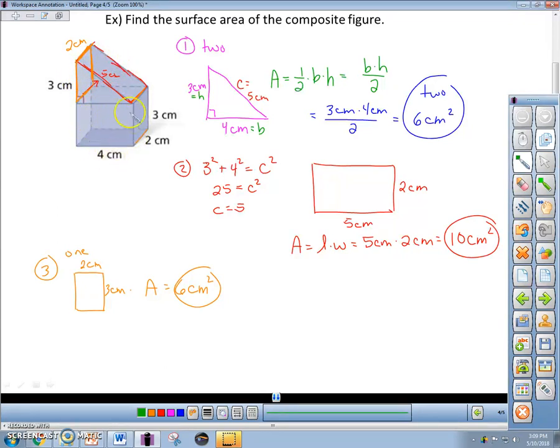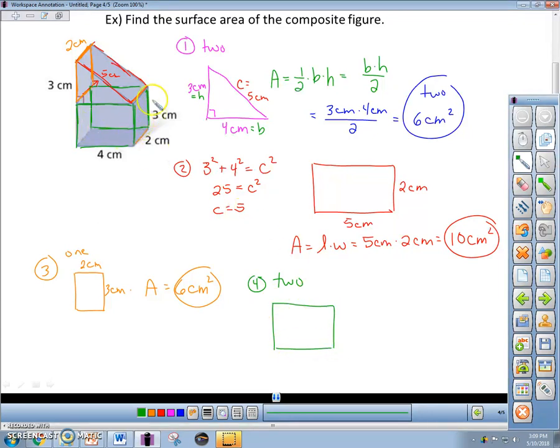So now we're dealing with the outside surface of the rectangular prism. It doesn't really matter what we start with. I'm going to start with the front rectangle here. And I have to realize that this would also be the same area as the rectangle in the back. So I actually have two of those rectangles.